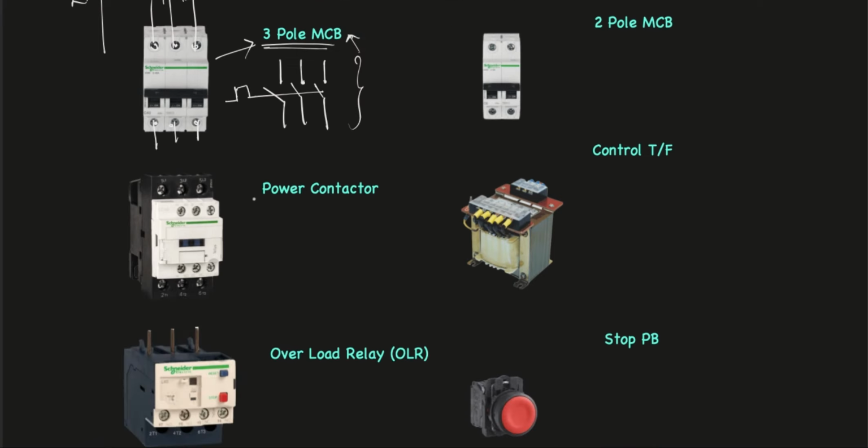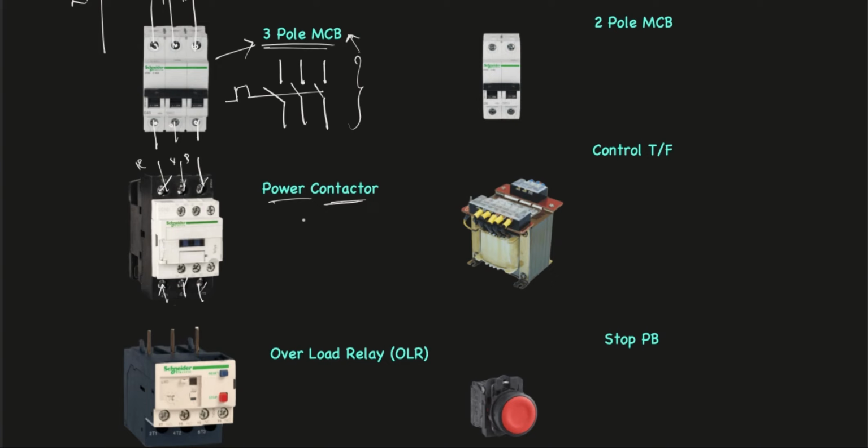Next comes the power contactor. A power contactor is a very important part in a DOL starter. The power contactor consists of L1, L2, L3 terminals and T1, T2, T3 terminals. L1, L2, L3 refer to line 1, 2, 3, that is R, Y, B, and T1, T2, T3 terminals are connected to the R, Y, B of the motor's terminal box.